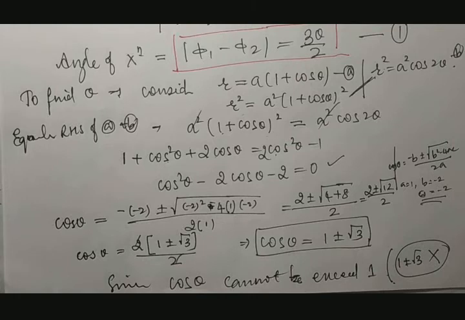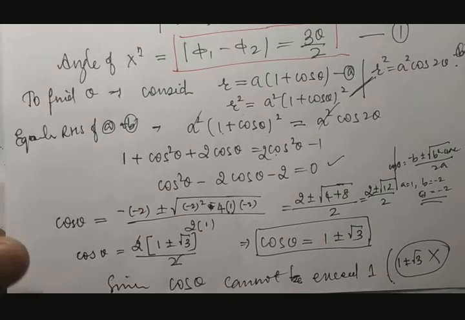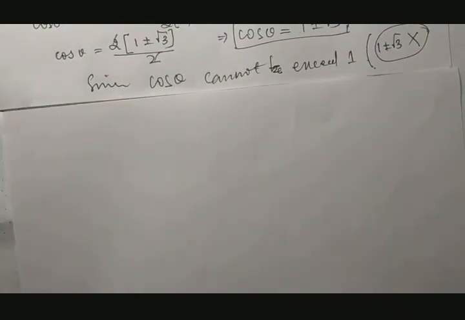Okay. Then what to do? When that cannot be taken, then the very first thing to do now is simplify this further. How do you simplify further? I'll take the next page.